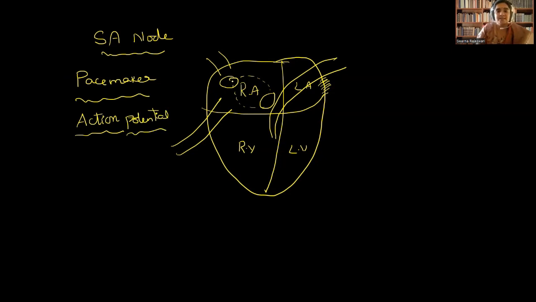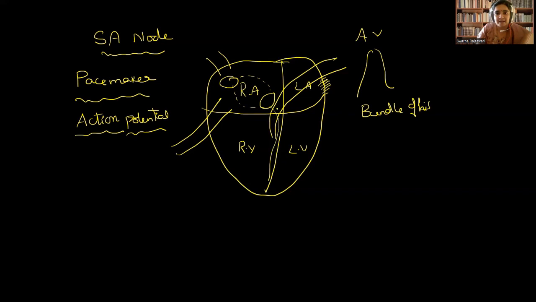So when the SA node initiates the contraction, the signals are sent to the next node, that is the AV node. From there, the AV node is again divided into two branches, which are called the bundle of His.